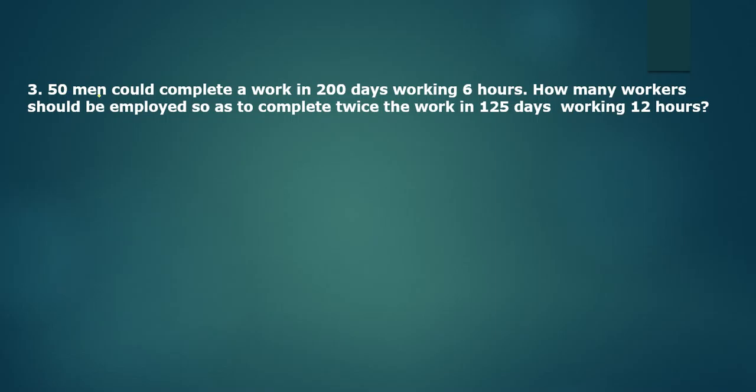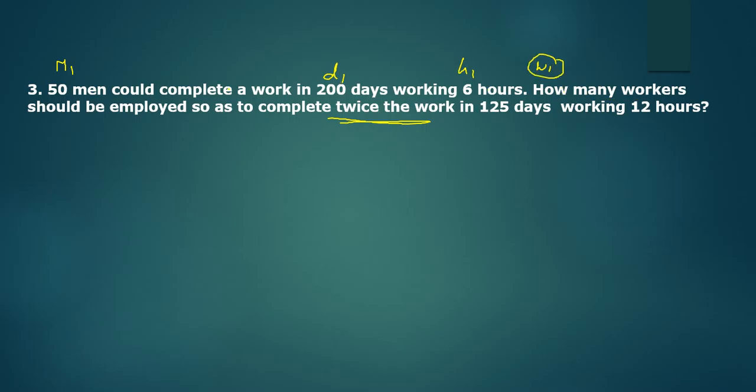See here, 50 men could complete a work in 200 days, working 6 hours a day. How many workers should be employed so as to complete twice the work in 125 days, working 12 hours? Now what is given here? M1, D1, H1 are given. We don't know W1 here, we'll see that later.